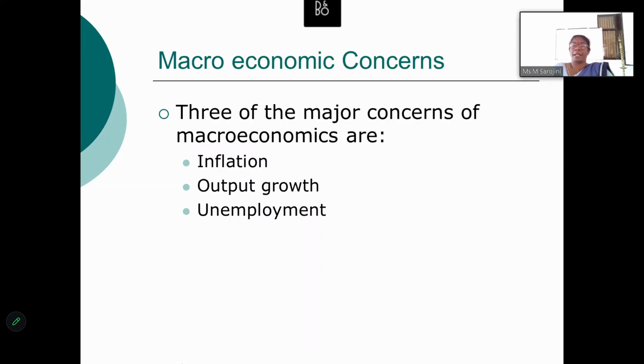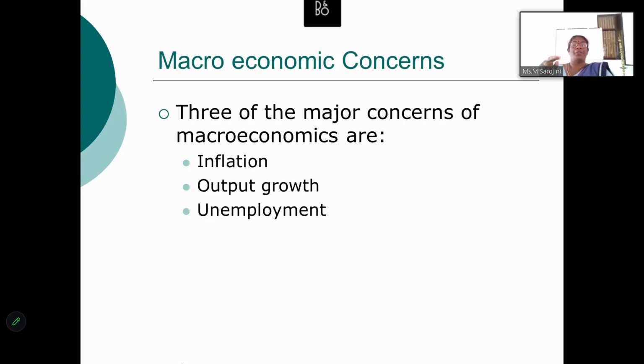Once there is 3, you can list out these 3 and just describe what is inflation, what is output growth, and what is unemployment. Otherwise, you will lose the marks.